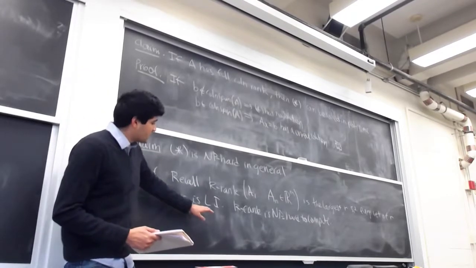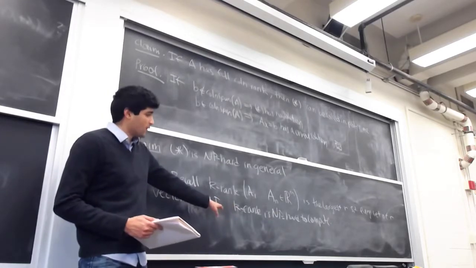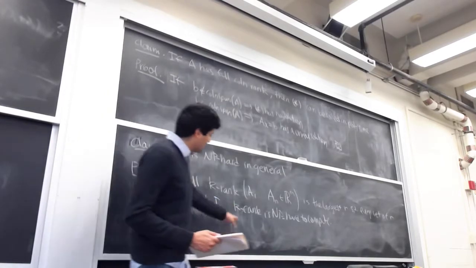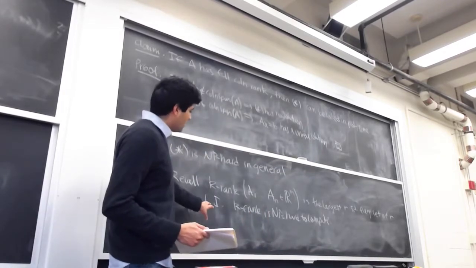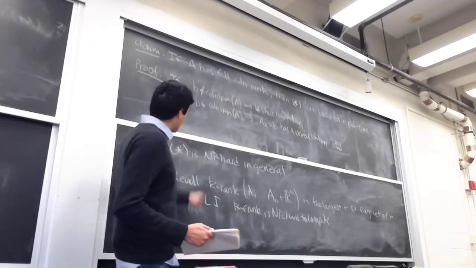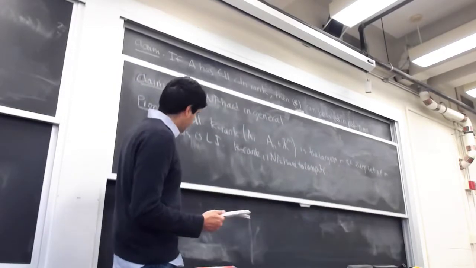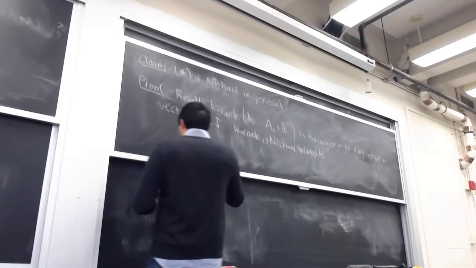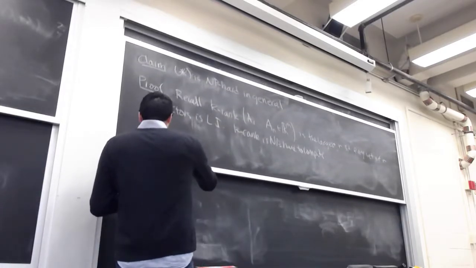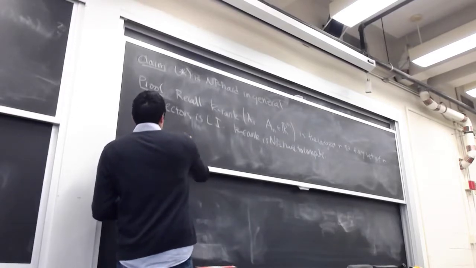In any case, you can just assume this for now and remember that this proof is in the notes. You can look it up if you forgot it. But we proved that the Kruskal rank is indeed NP hard to compute. And from this, it'll actually be easy to prove that star is NP hard in general. So here's the idea. What we're going to do is consider the following linear system.